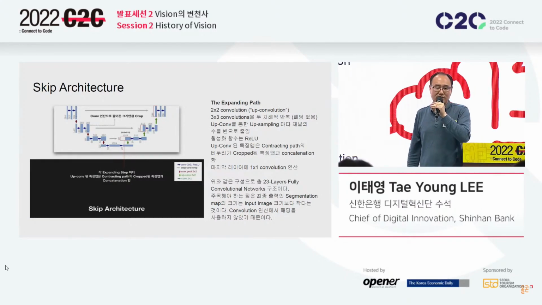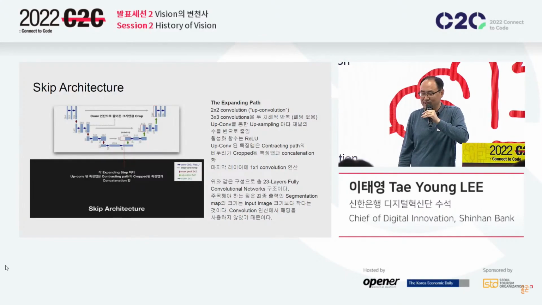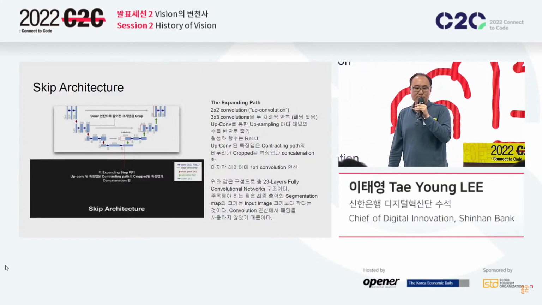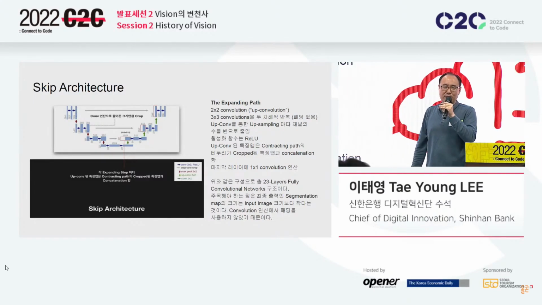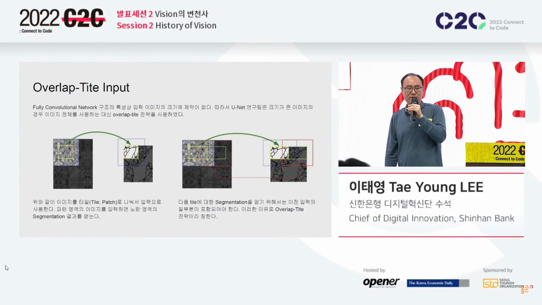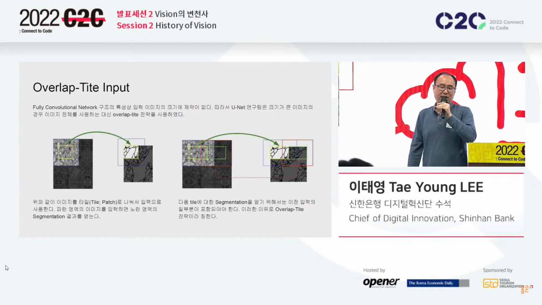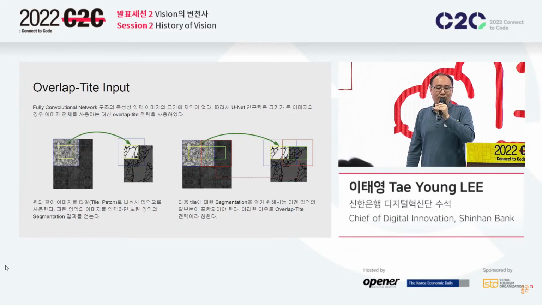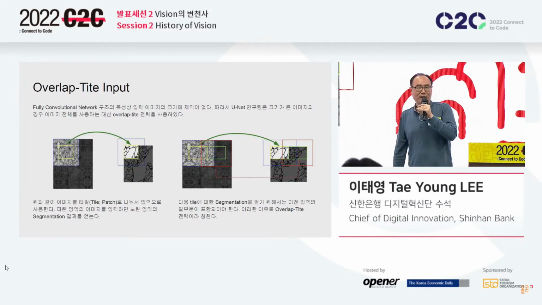And for each step of the expanding path, the concatenated feature map and also upsampling will be used. That is what we call the skip architecture. Because of this part, I think we could further improve the accuracy of image detection, because for the feature set, it can really look into a micro-size level.